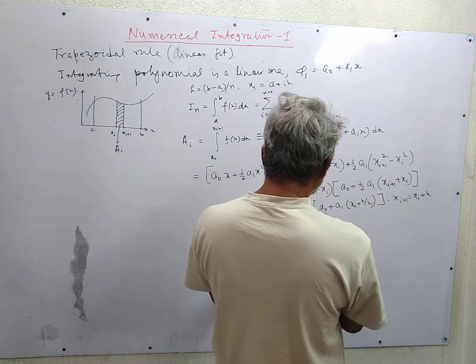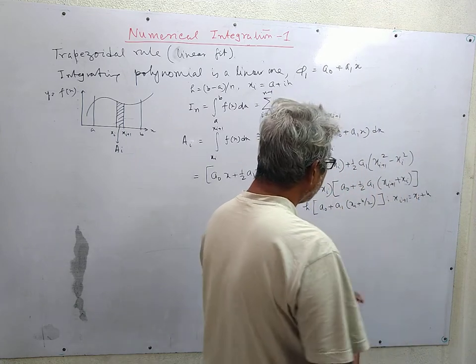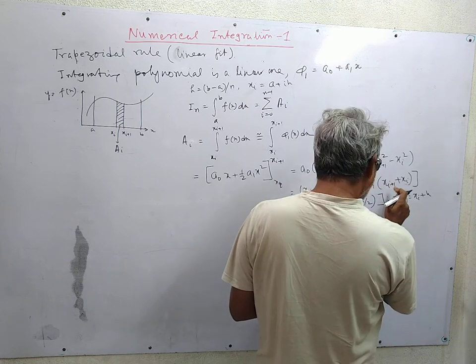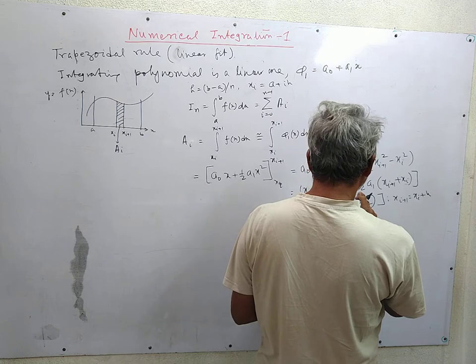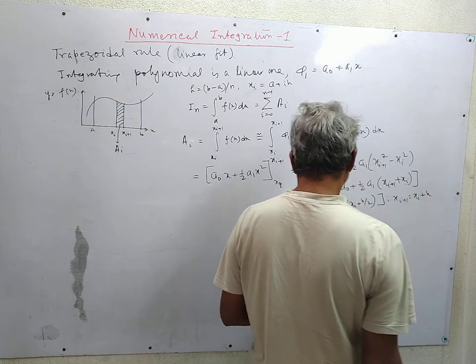So this difference is simply h. This is a1, this is twice xi plus h, and 2 has been taken adjusted with it, so this is the result.